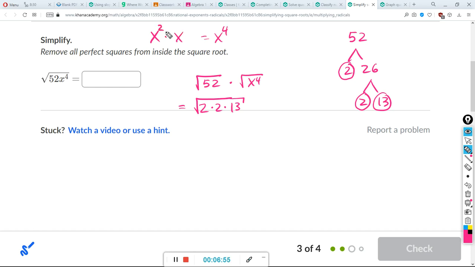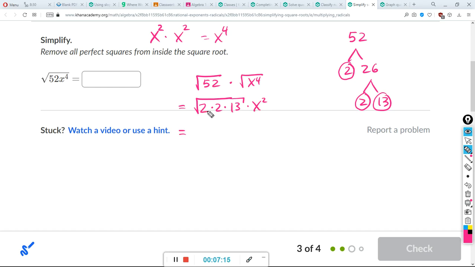That would just be 2. X squared times x squared is x to the 4th, because 2 plus 2 is 4. So the square root of x to the 4th is just x squared, and that's outside the square root.